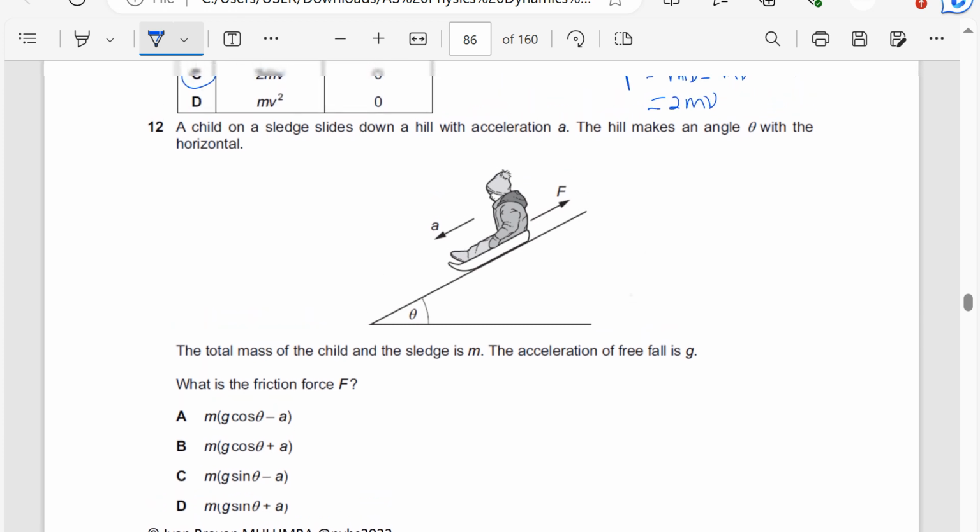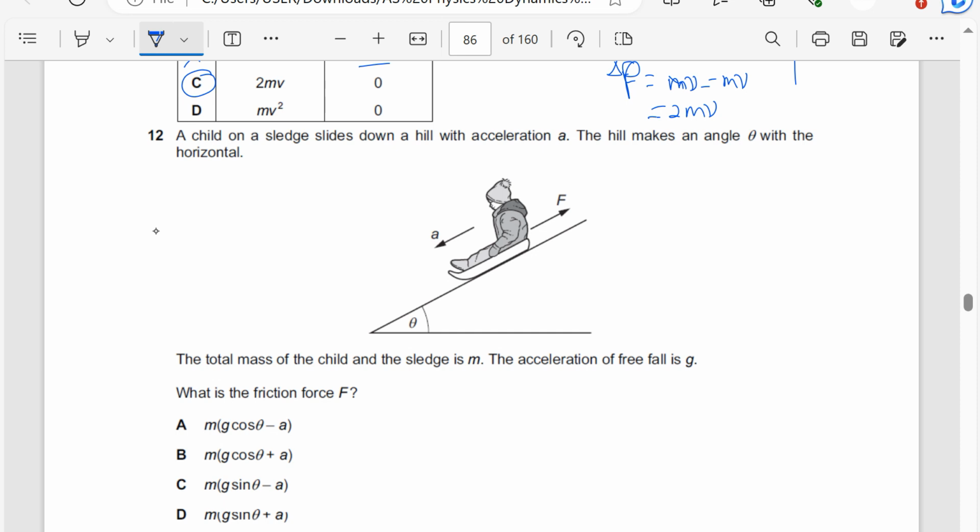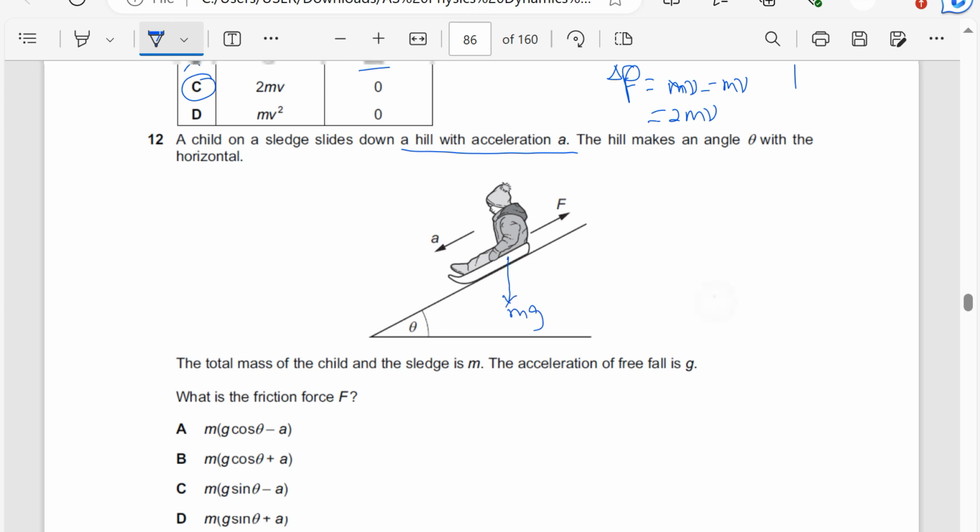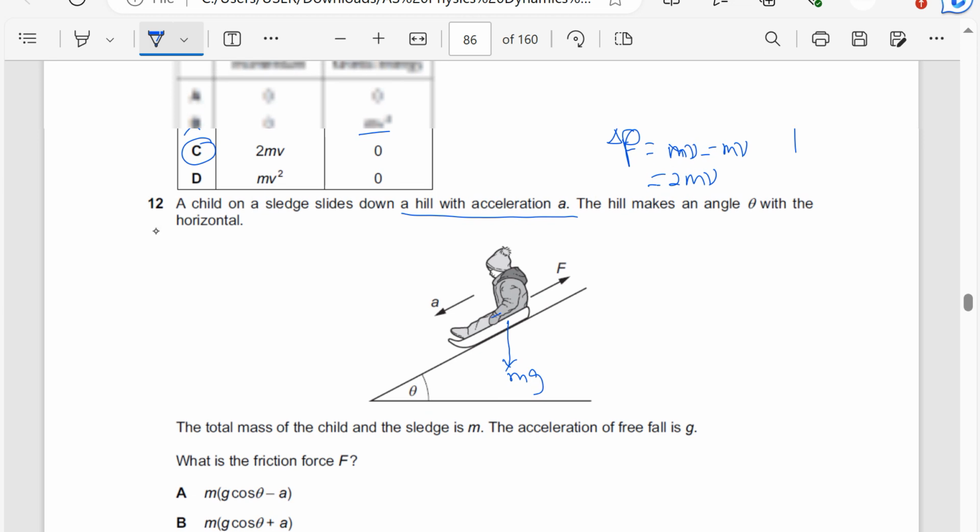So the child is having an acceleration a down the slope. I'm going to resolve the weight. Let the weight of the child be m times g, because the child has mass m. When I resolve the weight parallel to the plane, it will be mg sine theta.